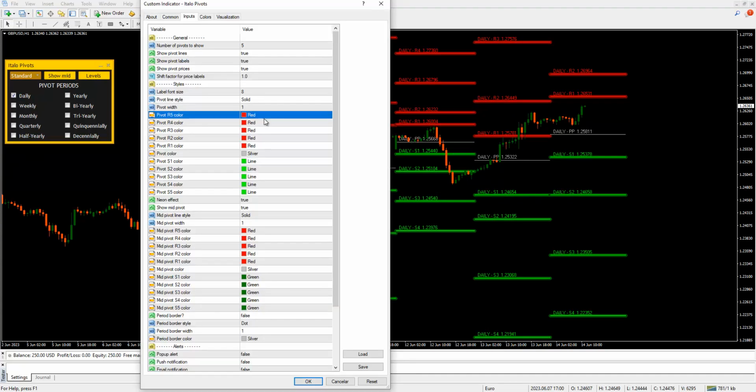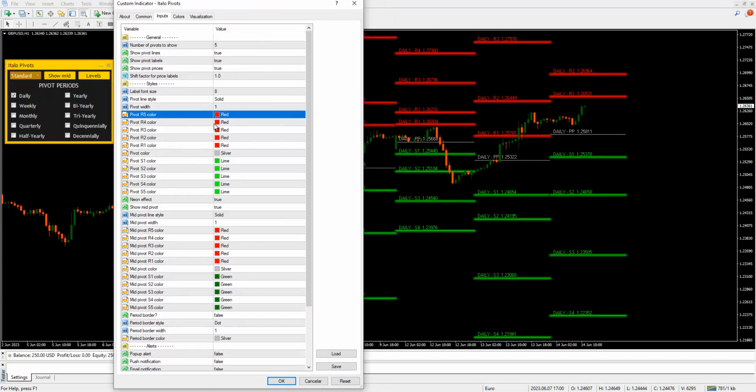Here you can change the colors of resistance, R5, R4, R3, R2, R1. Here I put in red. Pivot color, that is the medium horizontal line here, silver, and then the rest of it, the support lines, the color lime.